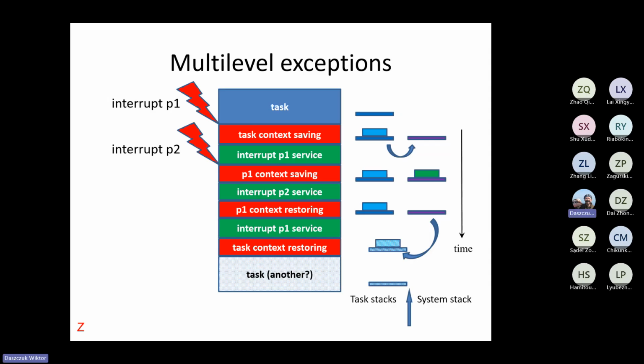So here we switch from the system stack to this one or to this one. Who judges which one? The scheduler. The scheduler runs here on this line and chooses the next task to run. And we restore the state of this task, which will be the next one to run.